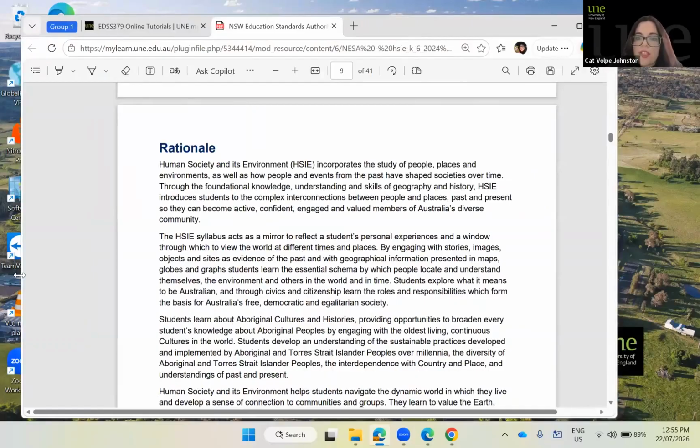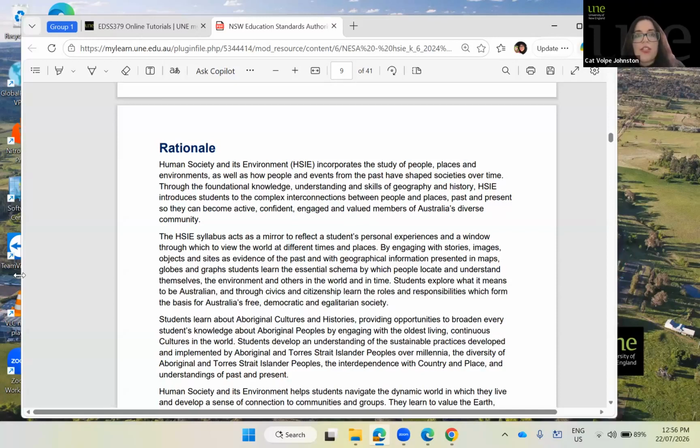So it incorporates the study of people, places, and environments, as well as how people and events from the past have shaped societies over time. So through the foundational knowledge, understanding, and skills of geography and history, HSIE introduces students to the complex interconnection between peoples and places, the past and the present, so that they can become active, confident, engaged, and valued members of Australia's diverse community.